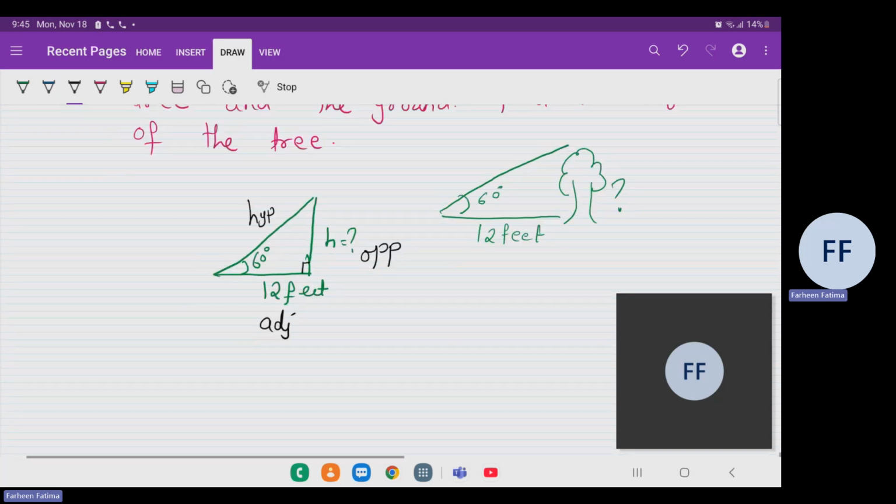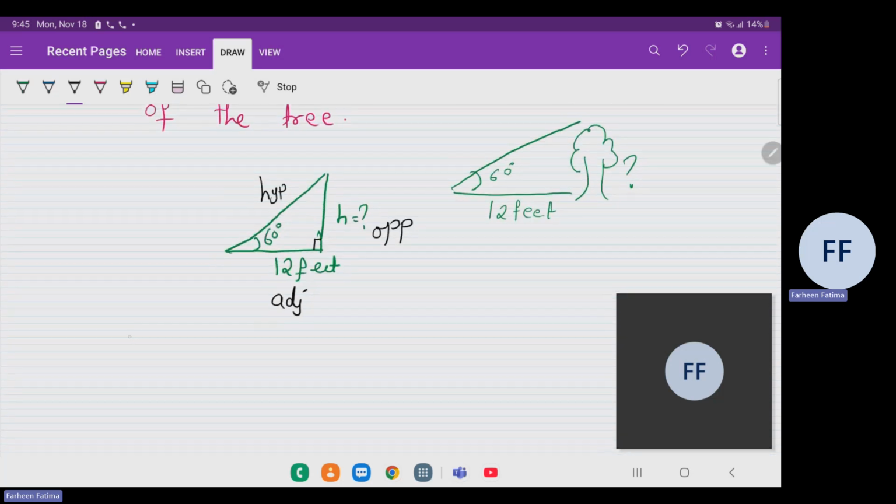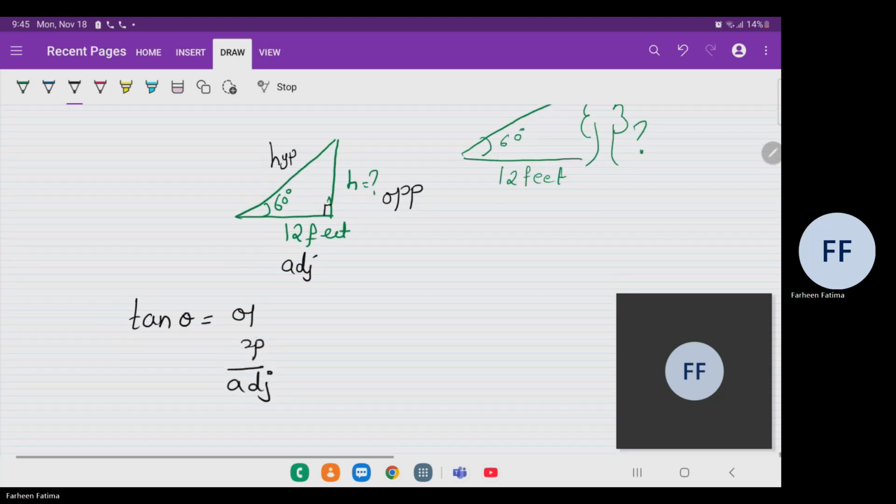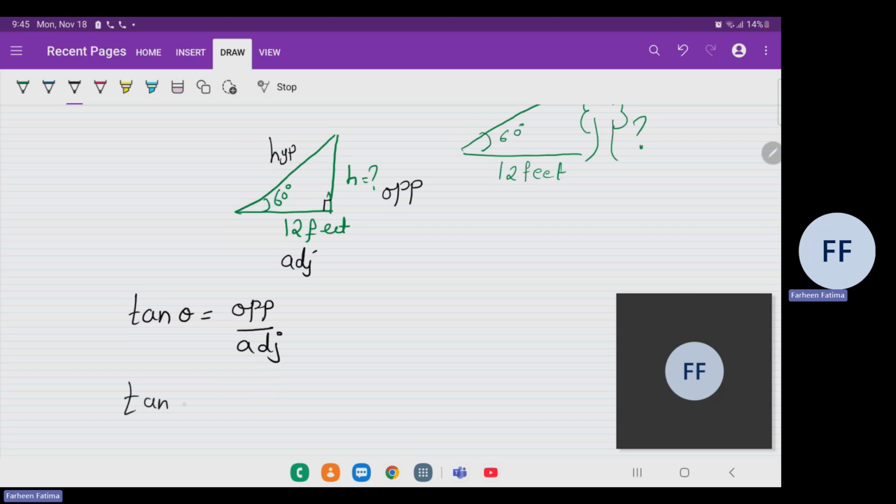That means we are going to use tan. Tan theta is nothing but opposite by adjacent. So tan 60, the angle which is given, opposite is your height and the adjacent is your 12 feet.